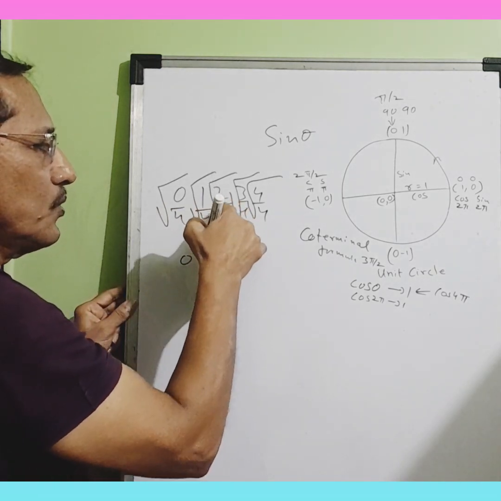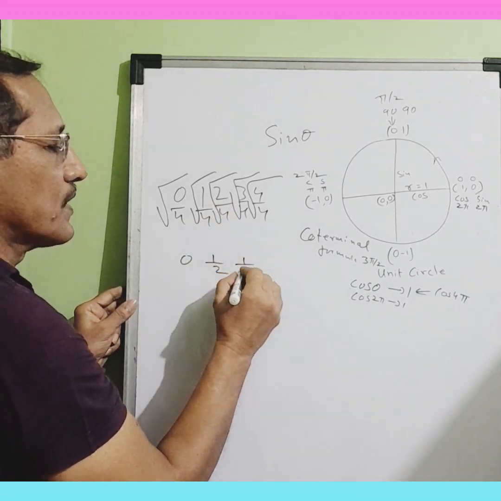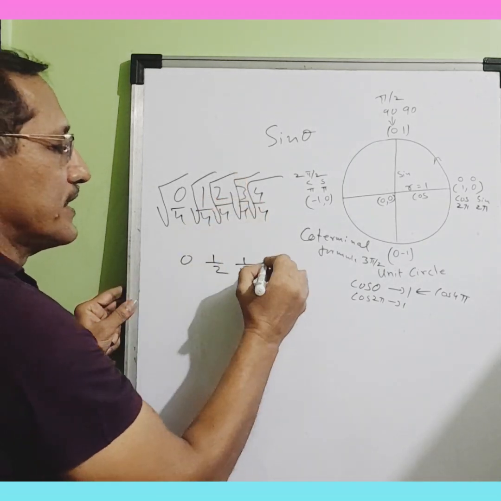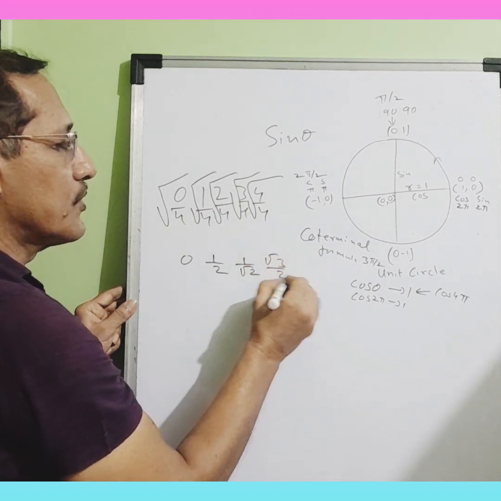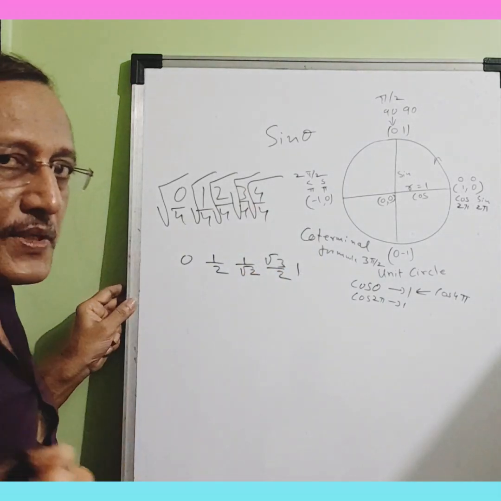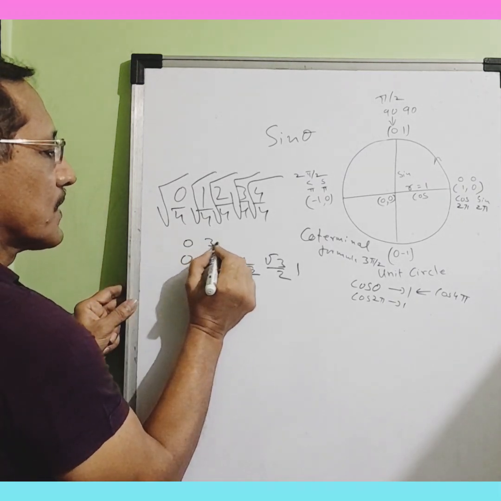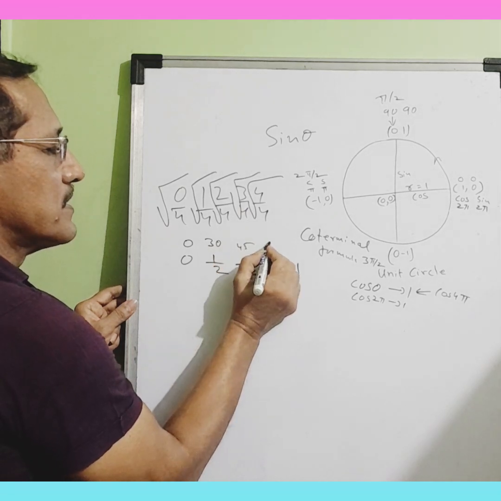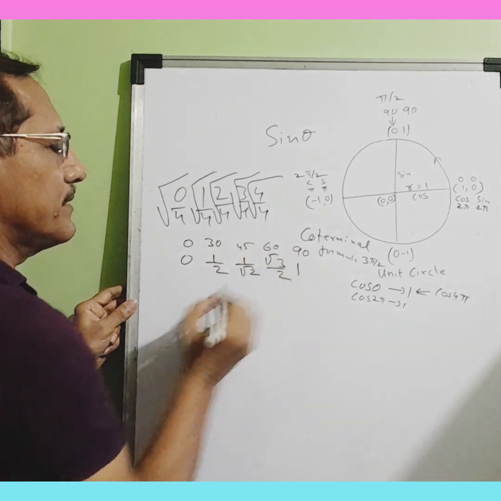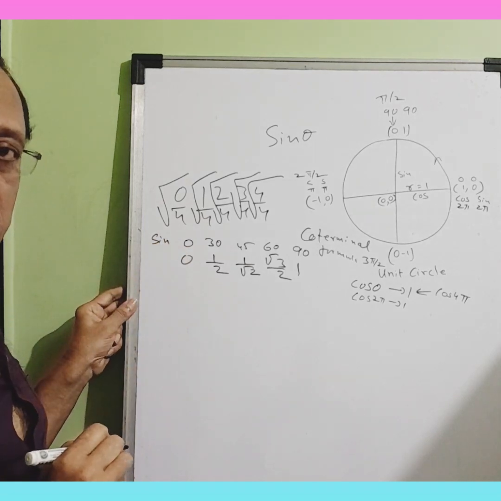Then 2 by 4, root of which is 1 by root 2, as the 2 cancels. And this would be root 3 by 2. And this would be 1. What you do is, you just put there 0, 30, 45, 60, 90 and put in here sine.